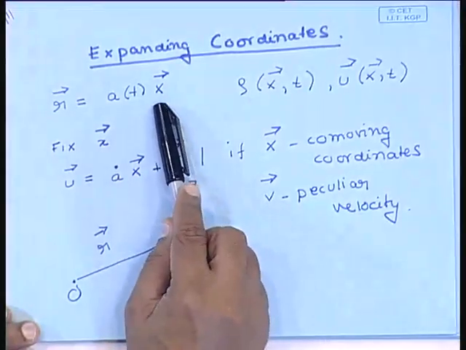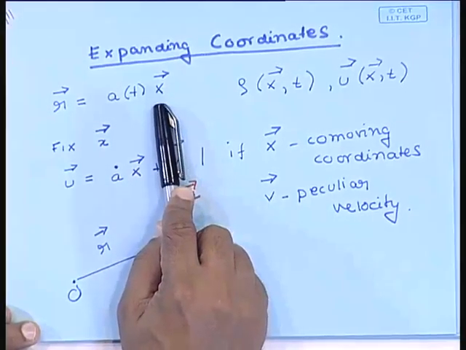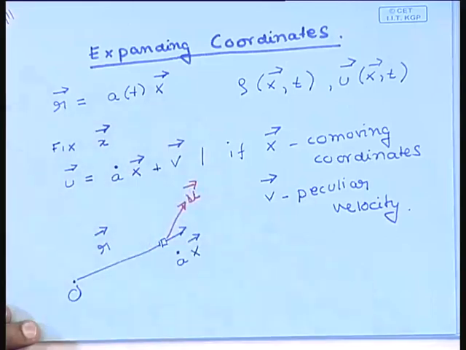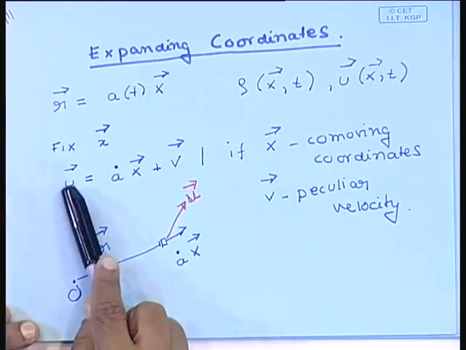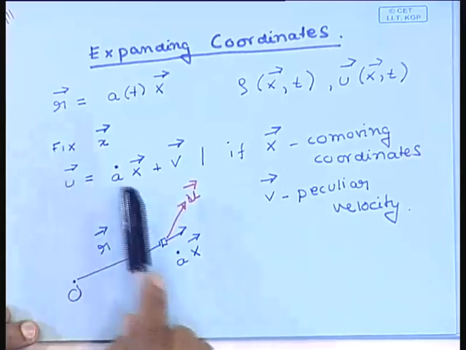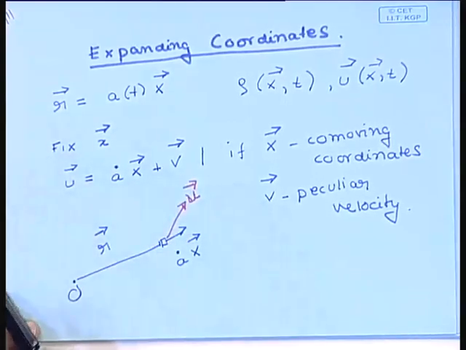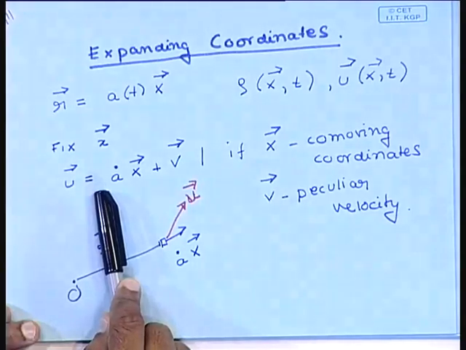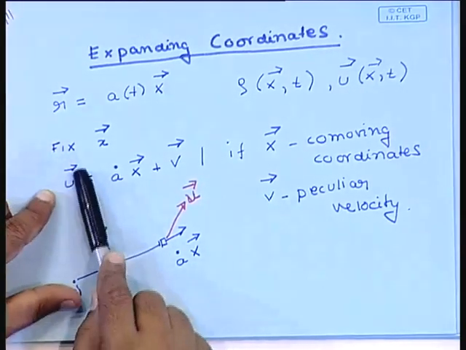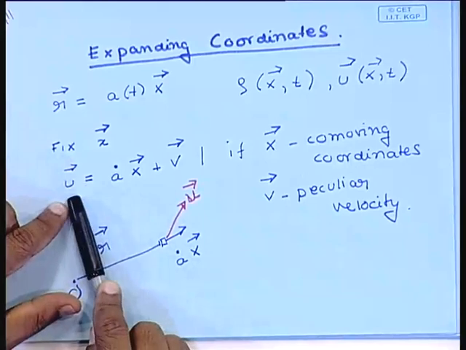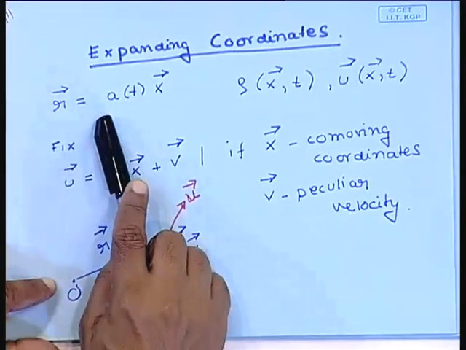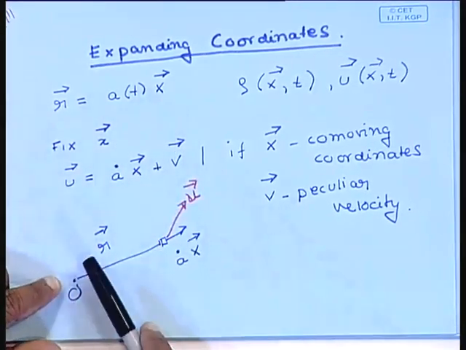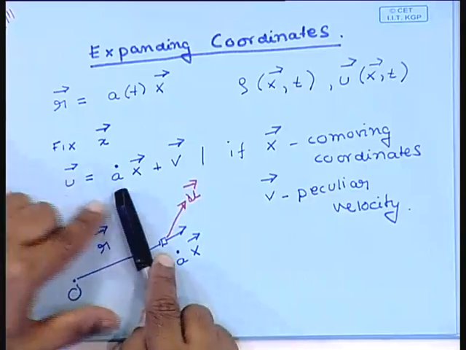So, we have shifted over to a coordinate system x which is expanding, and the fluid velocity was also broken up into two parts. If the fluid is at rest with respect to the expanding coordinates, then it will have a velocity a dot x.